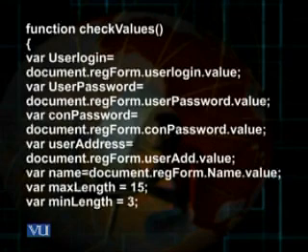And then the name variable, so the value entered in the name text box would be the value for this name variable. Then you can see I have introduced two variables, maxlength and minlength. The value for maxlength I have set to 15 and the value for minlength has been set as 3. So these are the variables I have defined here in the function checkvalues.